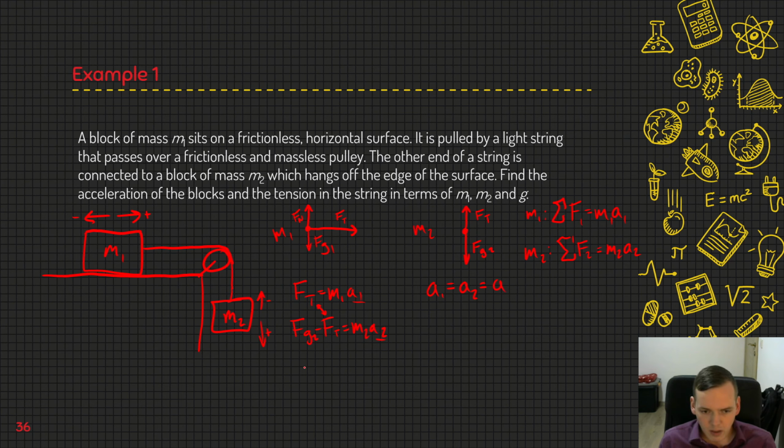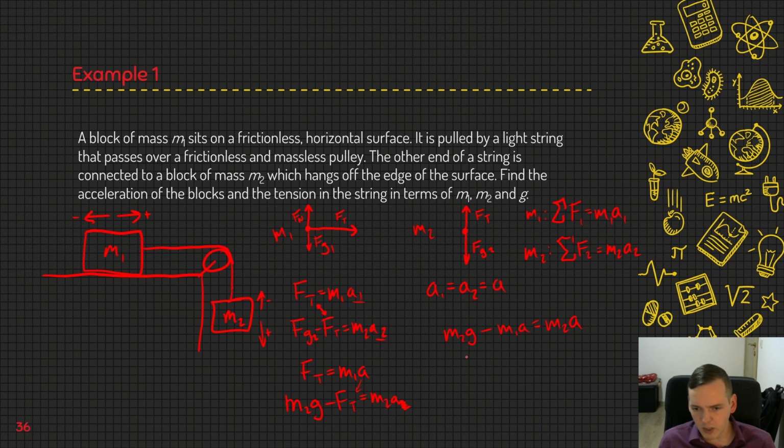Now we'll have the system of equations: Ft equals M1A, and the second one would be M2g minus Ft equals M2A. Now we can substitute the M1A for Ft, and we get M2g minus M1A equals M2A.